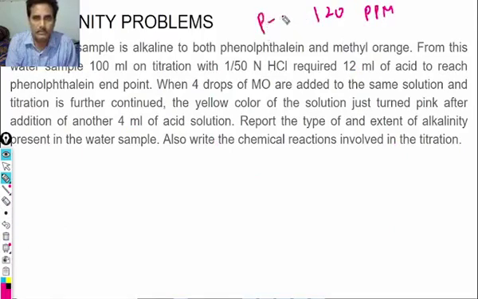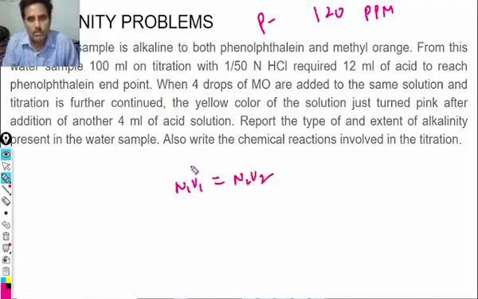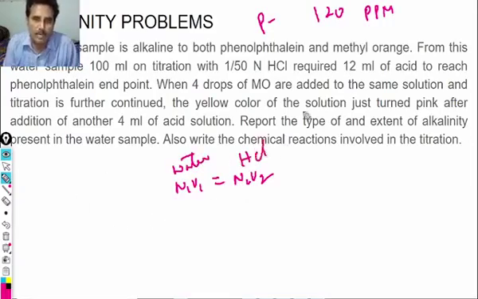This is P alkalinity. Next, for the methyl alkalinity, the same N1 V1 equal to N2 V2 principle. Imagine this is the water sample and this is the HCl solution. We need to find the normality of the water sample. Volume of the water sample is 100 ml. Normality of the HCl solution is 0.02 here also. Volume of HCl required is 12 plus 4, 16 ml.